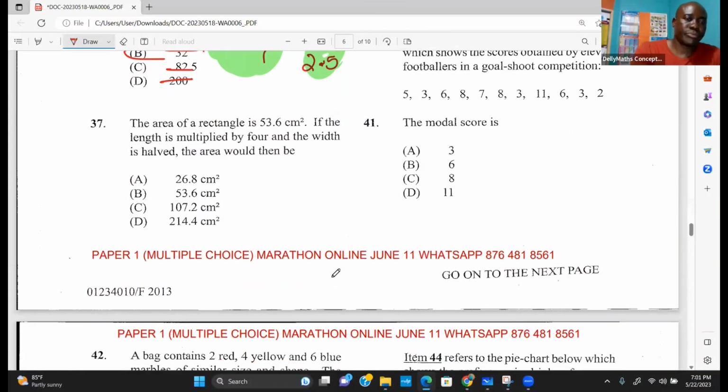37. The area of a rectangle is 53.6 square cm. If the length is multiplied by 4 and the width is halved, the area would be what? Come on, everybody.